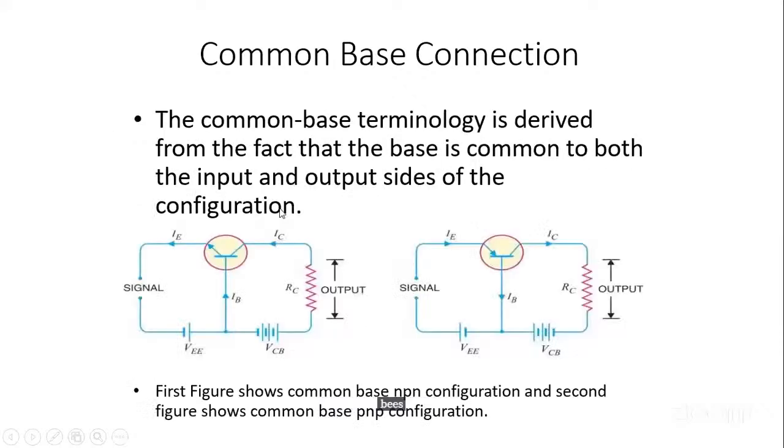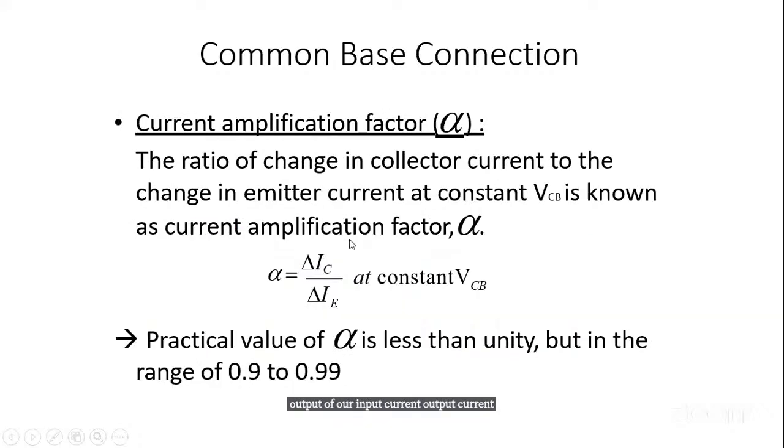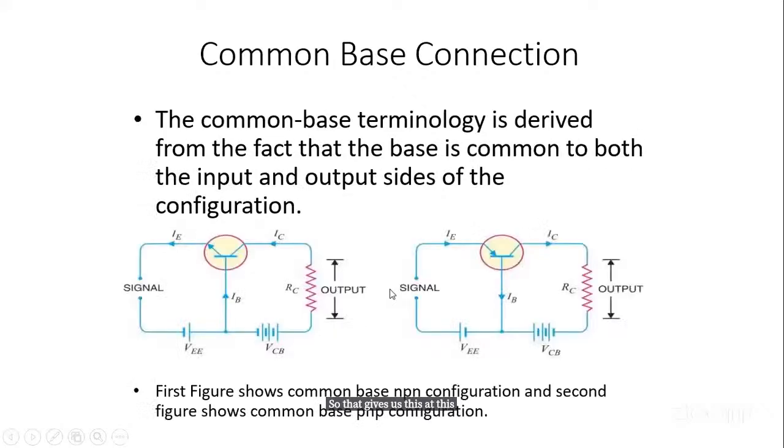And for a common base, the input current is IE, while the output current is IC. So current amplification is always output over input current. So that gives us this at constant VCB.